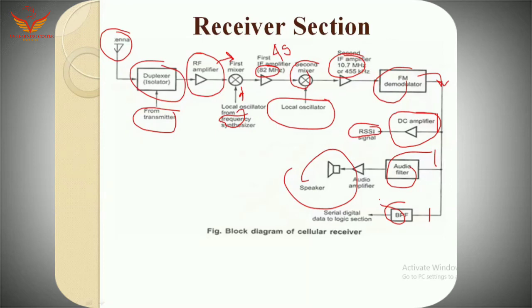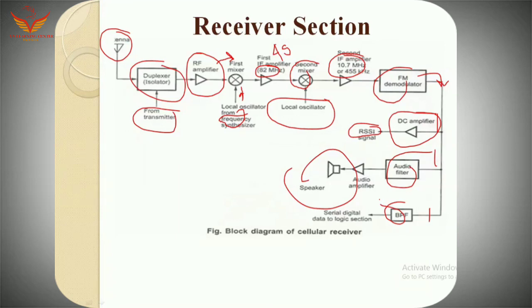The FM demodulator gives three types of output. One is RSSI, the receiving signal strength indicator, and the others are de-emphasized, filtered, and applied to the DC amplifier, audio filter and band pass filter.